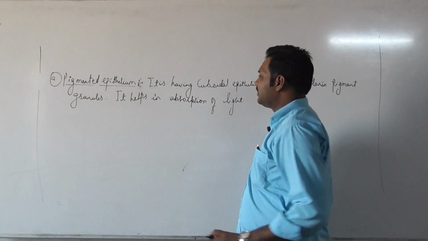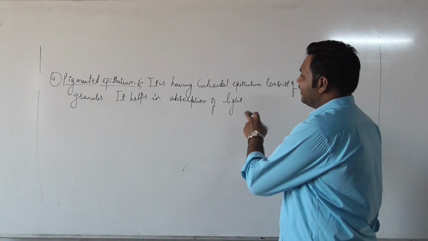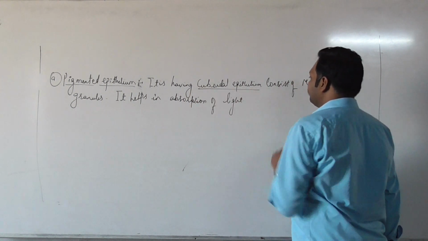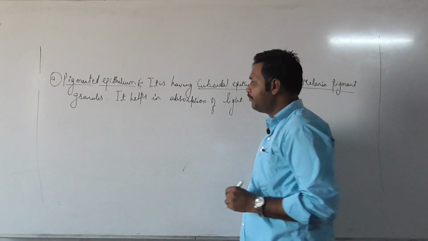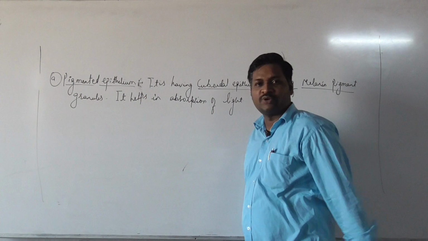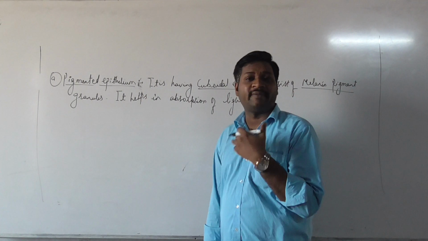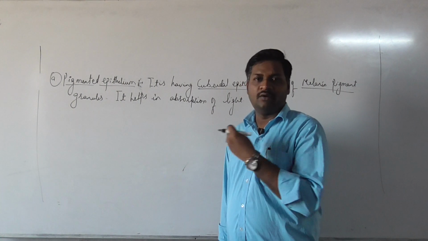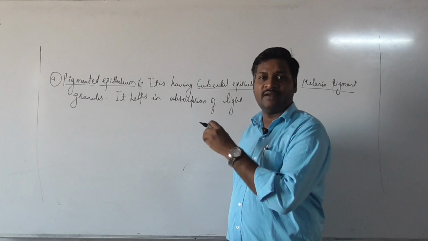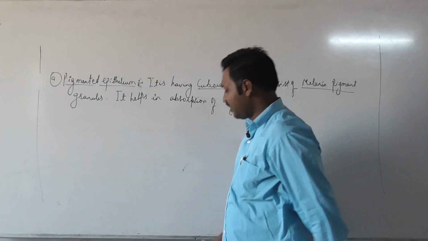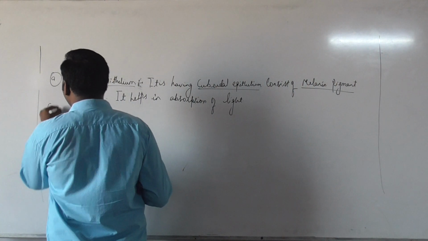It is nothing but a part of the retina, having cuboidal epithelium consisting of melanin pigment granules, which help in the absorption of light. That is a part of the mechanism of vision. We will look at the mechanism also, but first of all we will look at the structures which are involved in the vision mechanism.